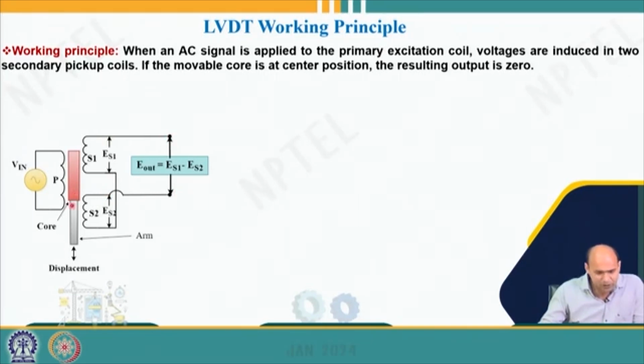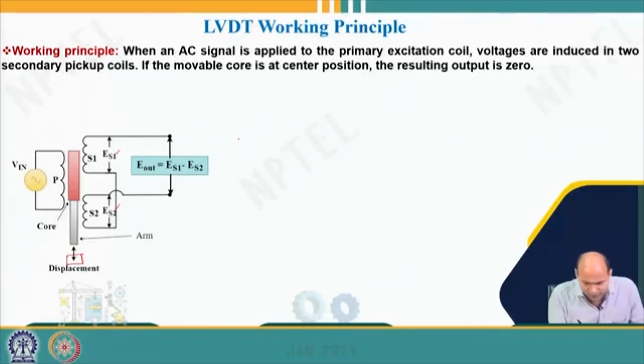Now this one is the movable core which is connected to the object whose displacement I want to measure, right. So this core will be connected to the object. Now suppose when this core is, as I said, equispaced with respect to both the secondary coils, then as we said, in that case ES1 and ES2 both will be equal, and if I take the difference ES1 minus ES2, I will simply get 0. So let us see.